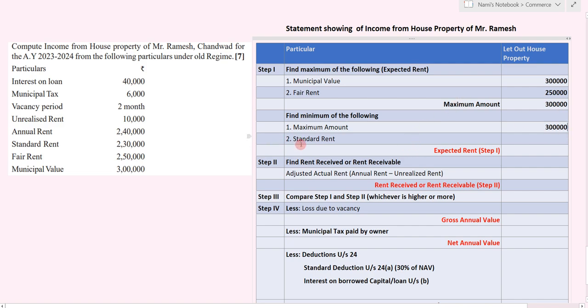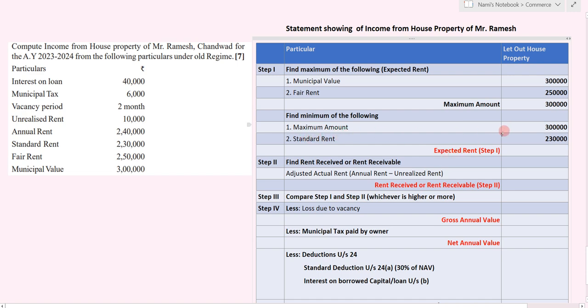Then what is the amount of standard rent? The amount of standard rent is 2 lakh 30,000. Now from both the values, whichever is low, whichever is minimum, is called the expected rent.